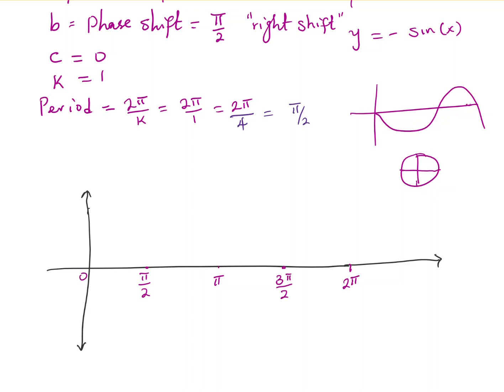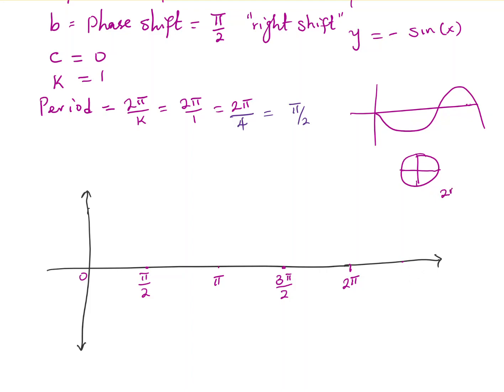All right. Now, because we are going to shift our graph to the right by pi by 2, meaning that we are starting from here now, not here. So we shift it to the right by pi by 2. So there is a need for us to create another point there.